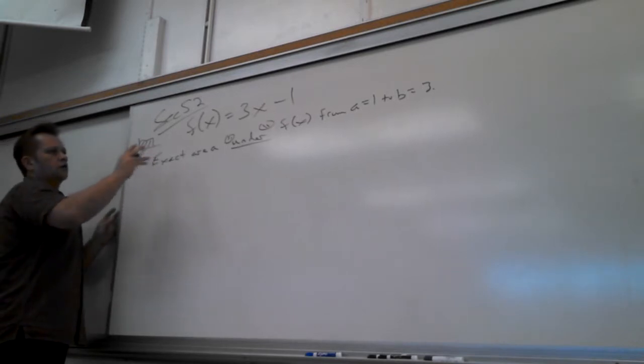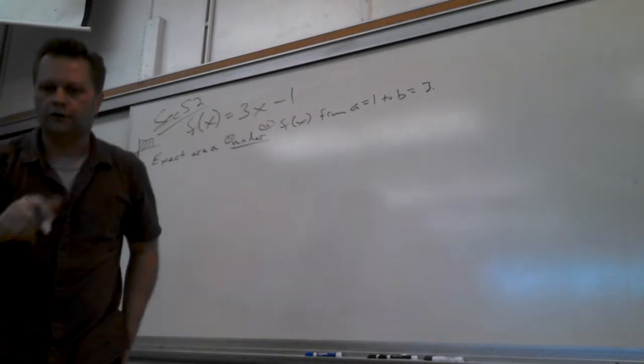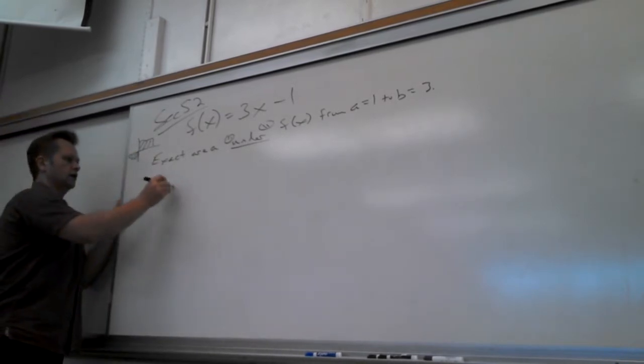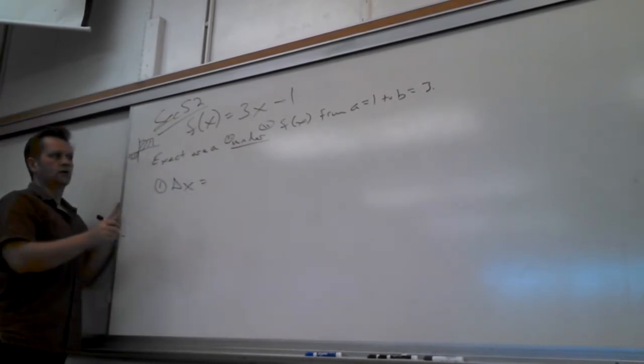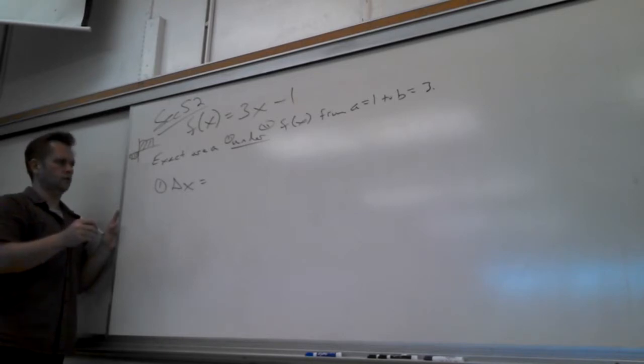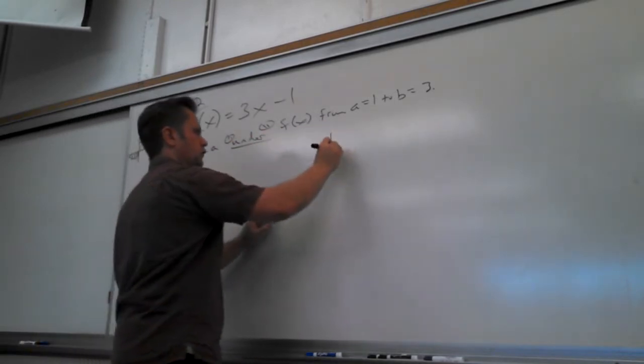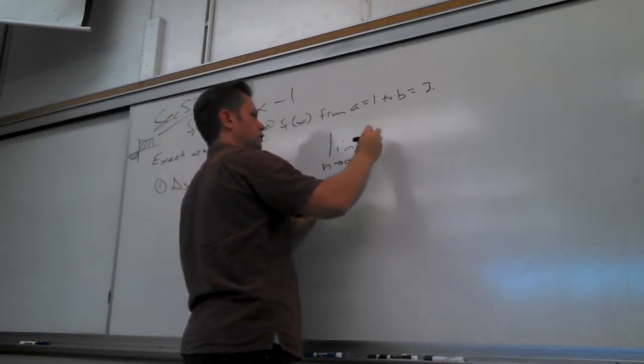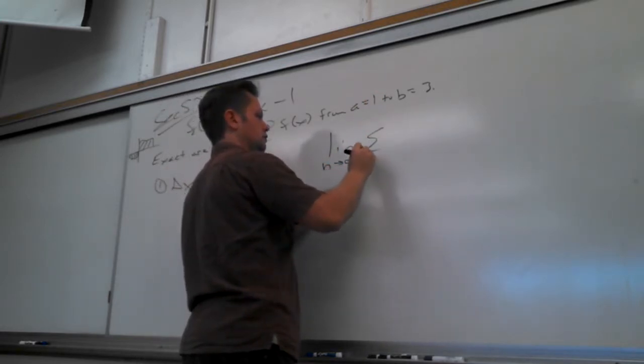Okay. So here are the steps. The first thing I want to figure out, hopefully this makes sense from what we did a minute ago, is what delta x is. Well, 3 minus 1 is 2. And remind you guys, we're eventually going to use this.